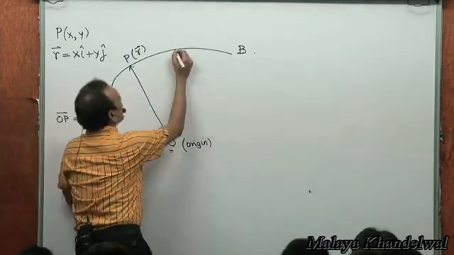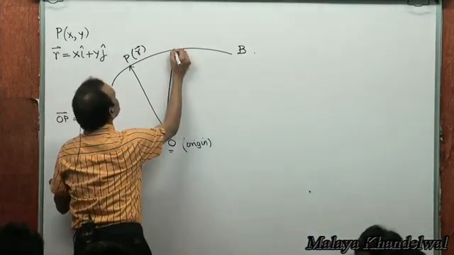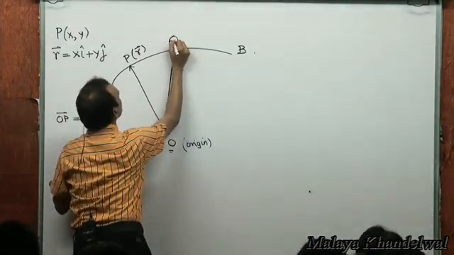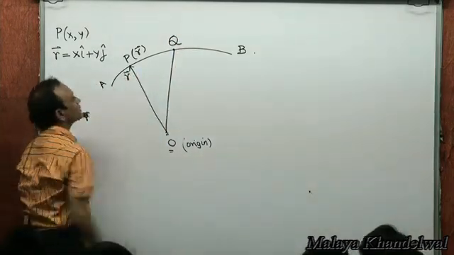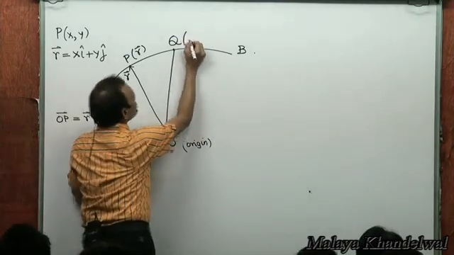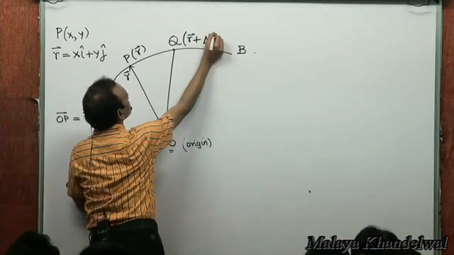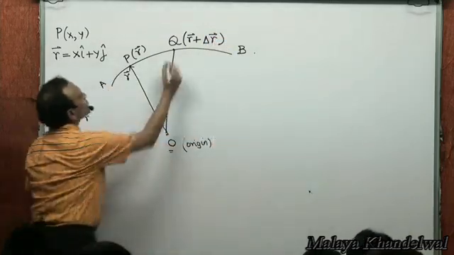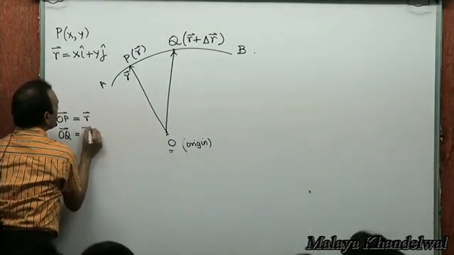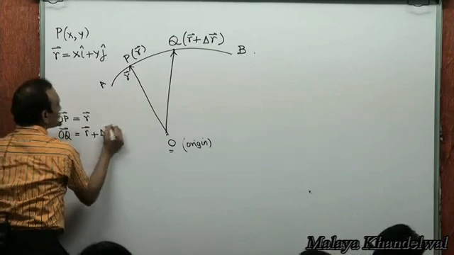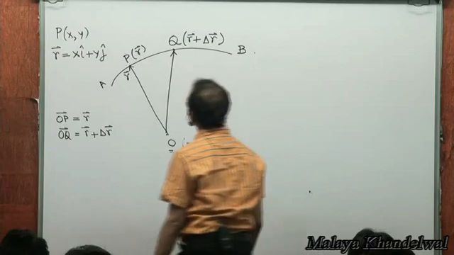Now, after a while, let's say the particle moves to the point Q. This vector is r. And the position vector of Q is, say, r plus delta r, which means the vector OQ is r plus delta r, position vector of the final point, right?